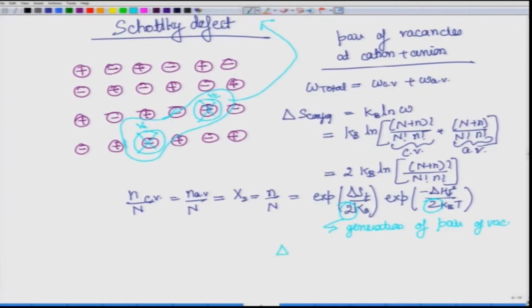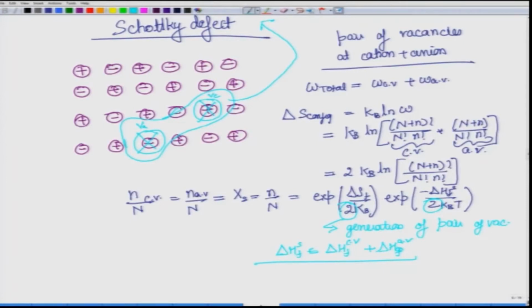So, delta HF can be looked at as delta HF cation vacancies plus delta HF anion vacancies, and therefore this is nothing but the average of these two quantities, and therefore you get this term by 2.